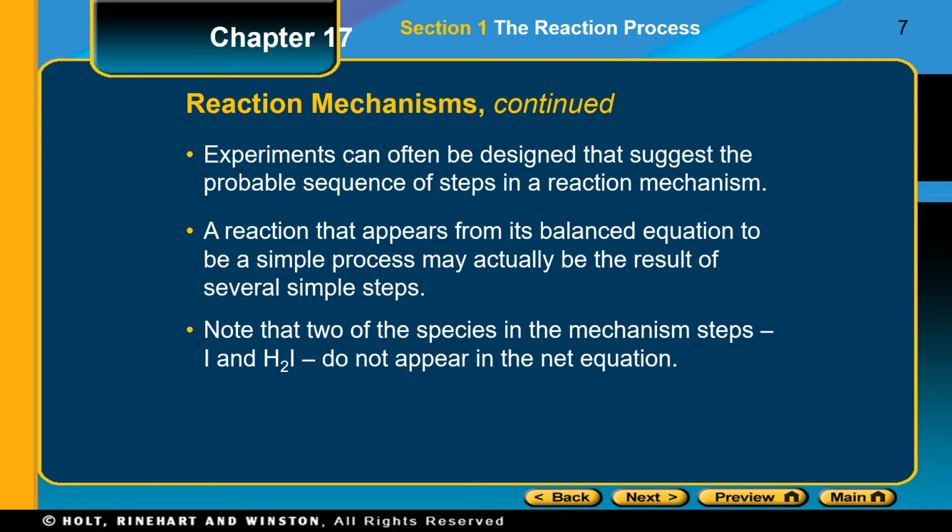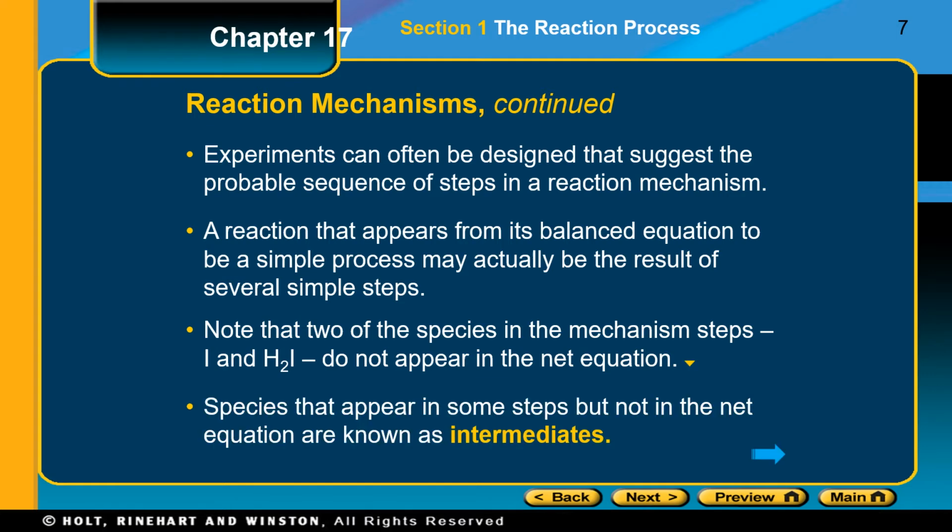And if you think back to what we had before, we had some things formed along the way, where we had iodide ions, and then we had this strange looking H2I molecule forming. They don't appear in the final equation. So those would be these intermediate products that we have along the way.